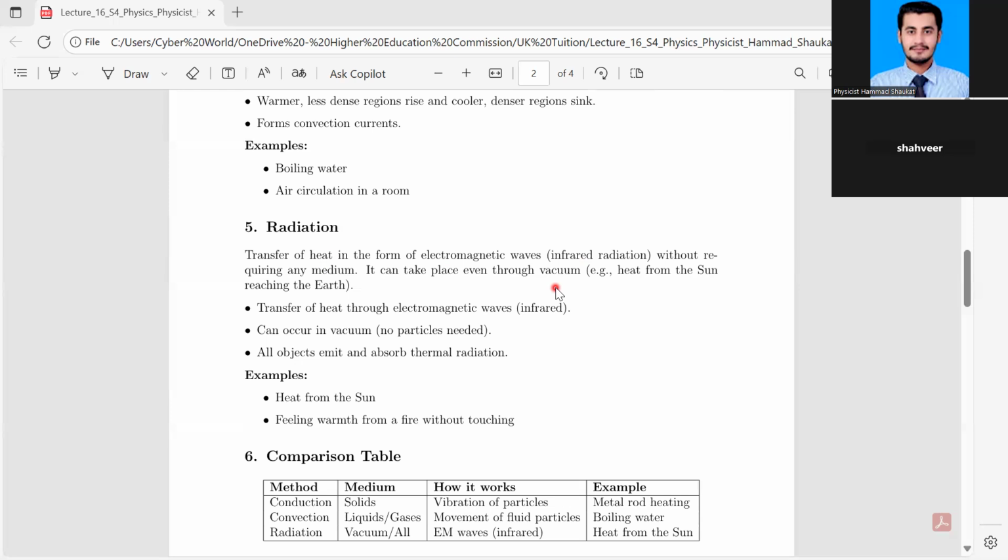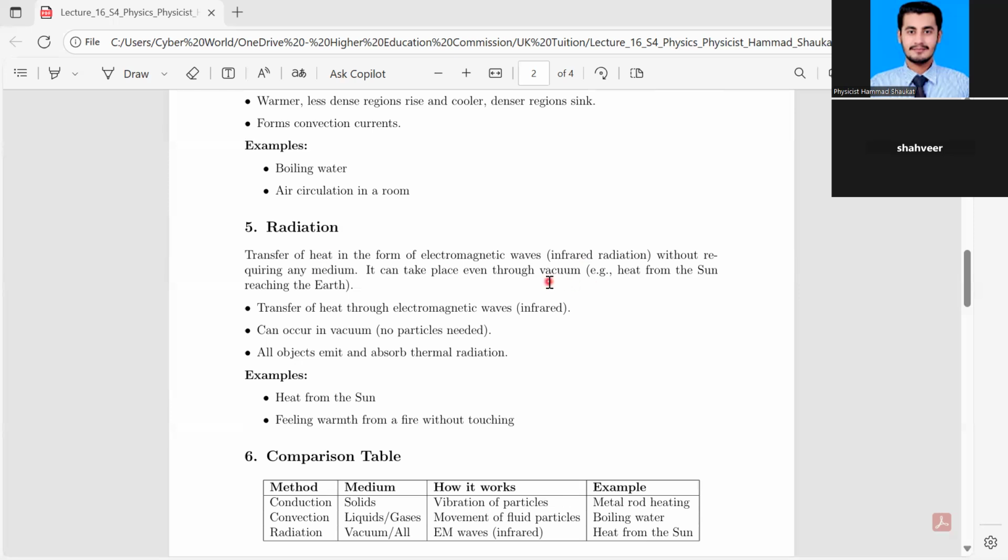Like an airless space. Yes, airless, there is no medium, there is no particle. So radiation does not require any medium to travel. Radiation can easily travel in vacuum as well. And in vacuum there are no particles.